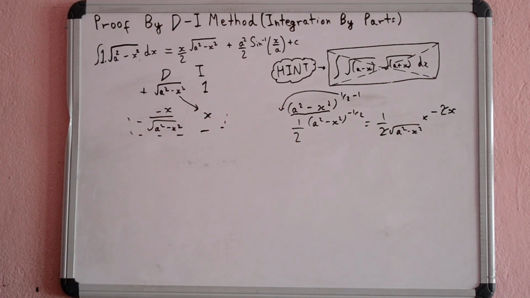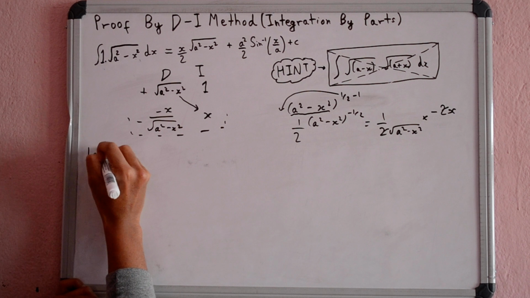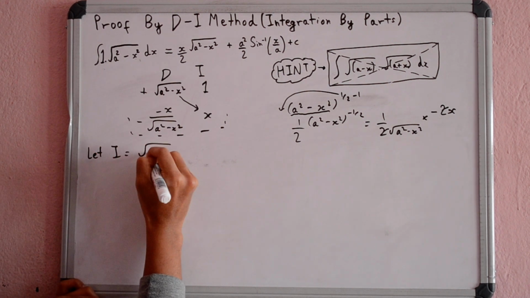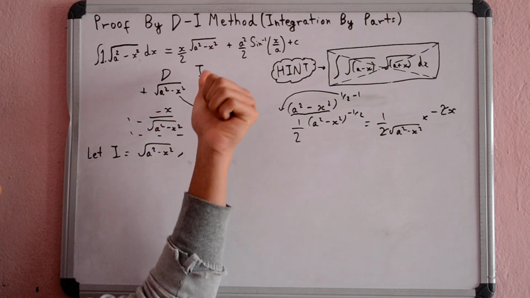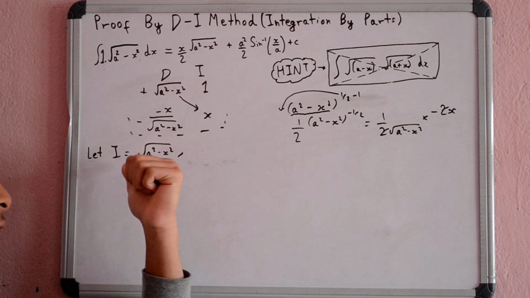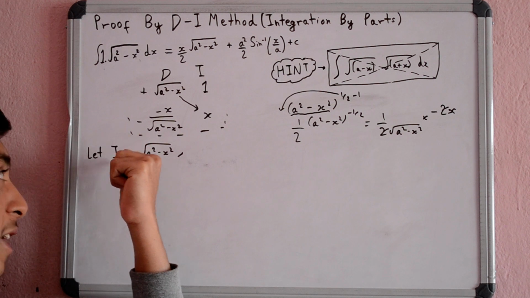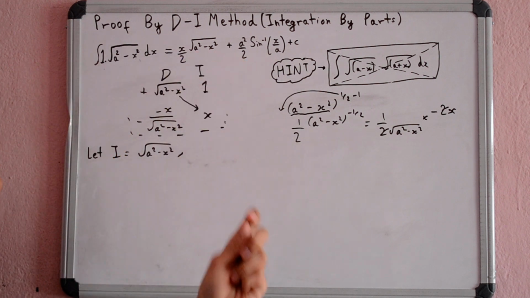But before that, what I'm going to do is let I equal root a square minus x square. Now this I and this I are different, because this is the name of this. We have just put this variable's name. This stands for the integration part for the DI method.